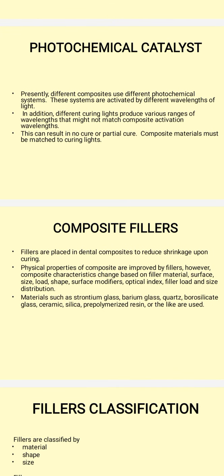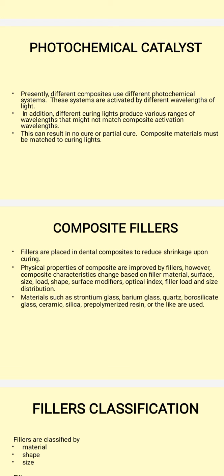Okay, let's have a look at the composite fillers. Fillers are placed in dental composites to reduce shrinkage upon curing. Okay, when curing is done, the light falls and the wavelength is matched. Then in dental composites, there is a chance that they may shrink. So fillers are placed in dental composites to reduce this chance of shrinkage. Physical properties of composites are improved by fillers.